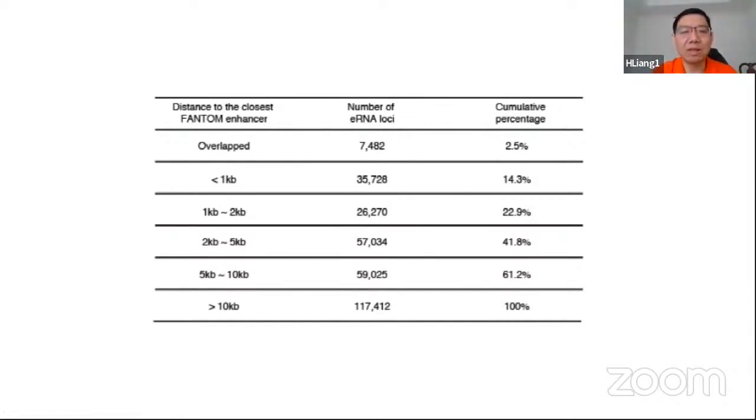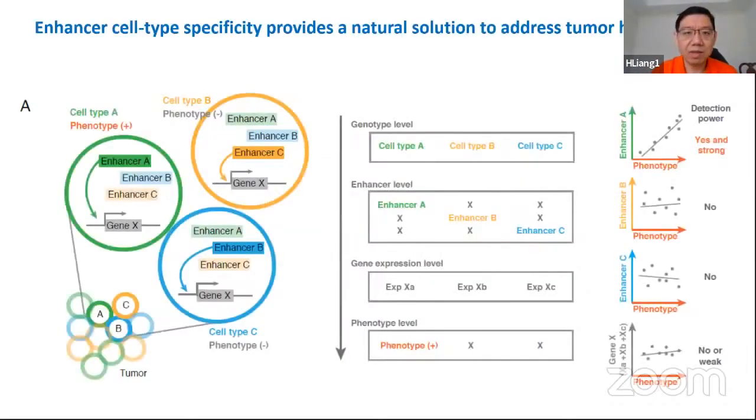The vast majority are not annotated by FANTOM, because FANTOM uses CAGE, which can only annotate a small portion of the enhancers. But for those overlapped, we did see a good signal. So this indicates our enhancer map is actually reliable.